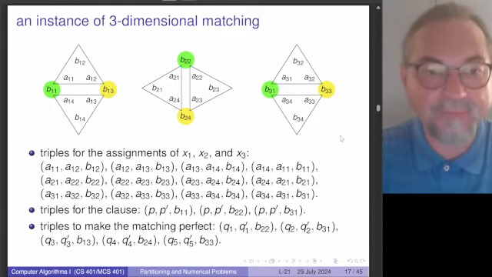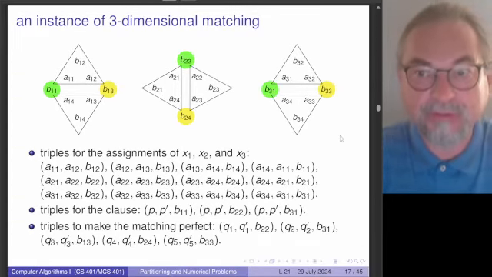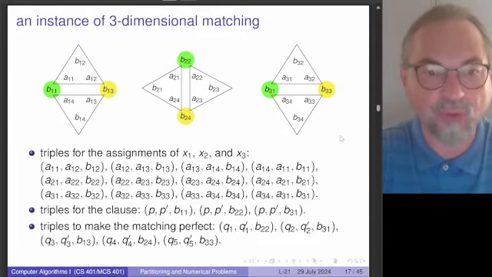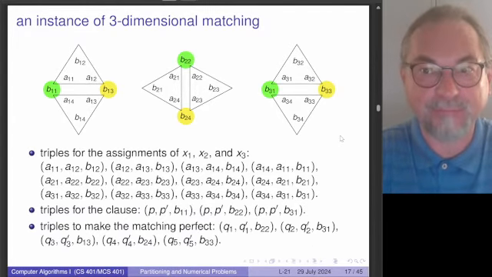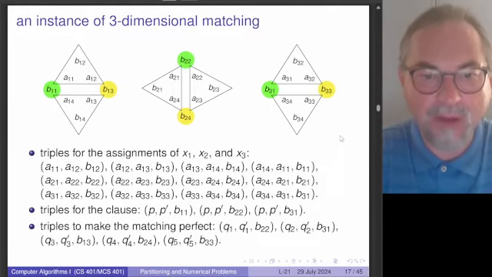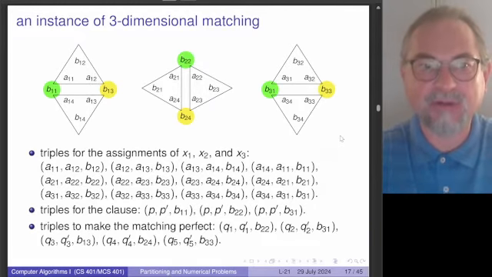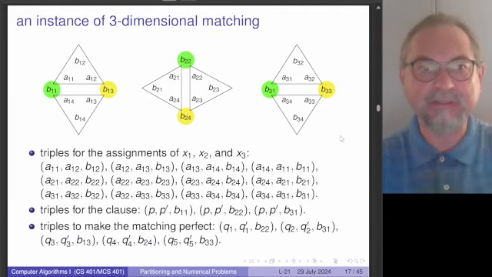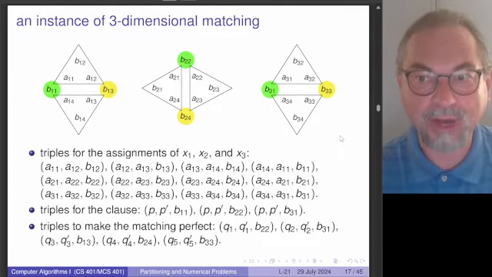Here again, if we have 3 variables, we have 4 triplets for every variable, so 12 in total. Then we have the triples for the clause and the triples to make the matching perfect. So in total here we have 12 plus 8, 20 triplets that will encode the tree satisfiability instance as tripartite matching.